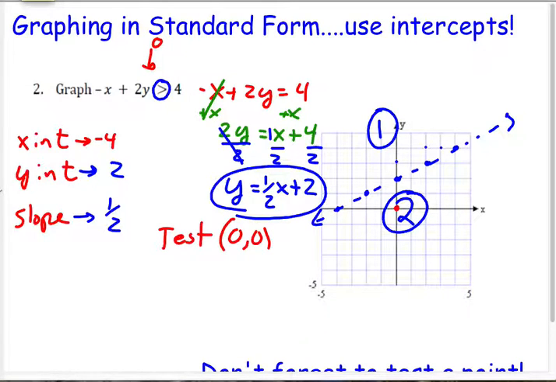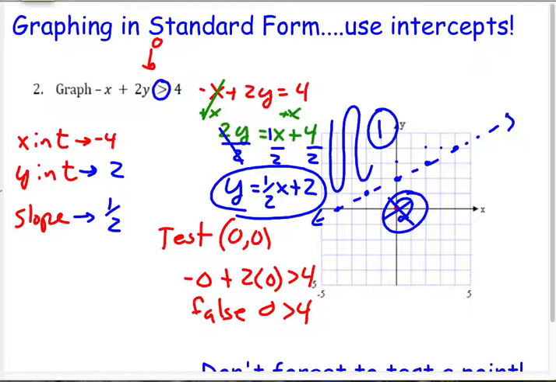Okay, so plugging that in, negative 0 plus 2 times 0 is greater than 4. Well, 0 is greater than 4. 0 is not greater than 4. This is false. So, not a solution. Once again, shade above. If it would have been true, then I would shade below because it is a solution.